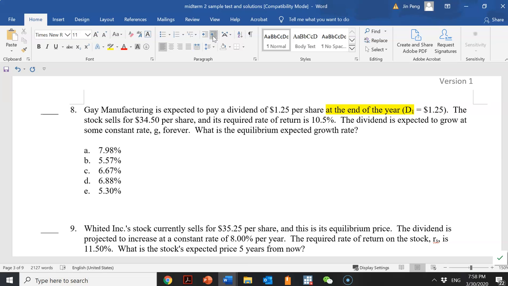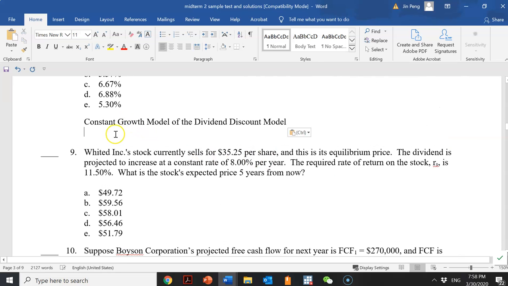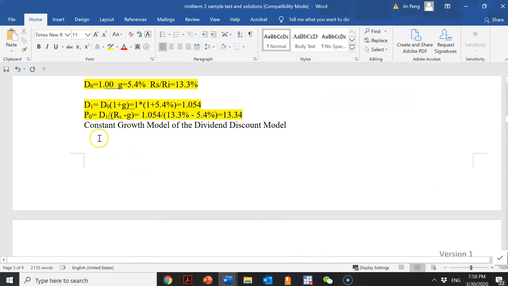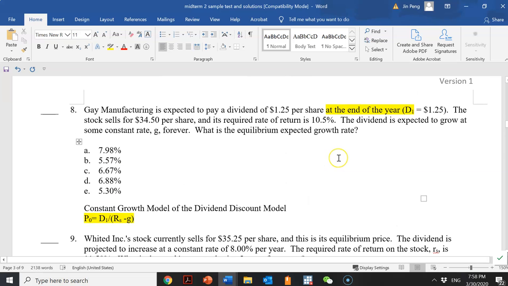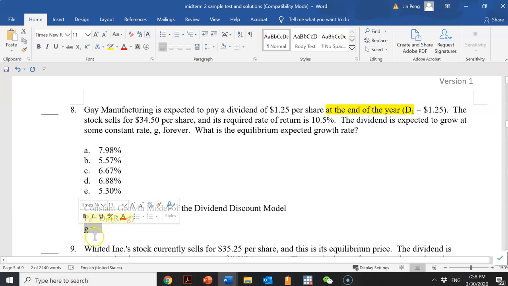We want to know what is G, and here we're again using the constant growth model of the dividend discount model. The original model tells us P0 equals D1 over RS minus G. Let me do it step by step.